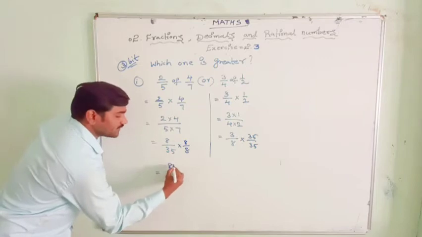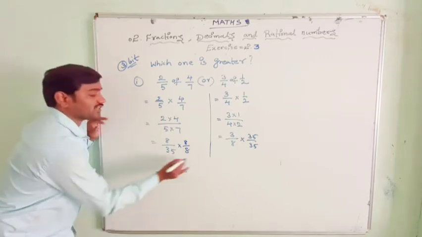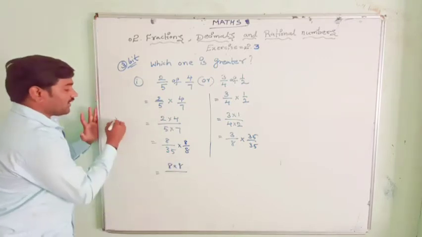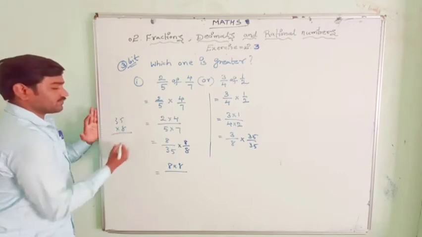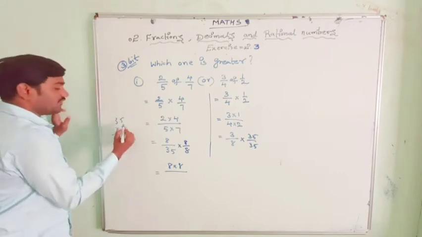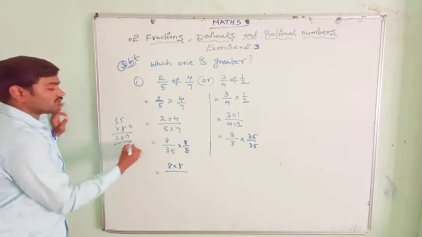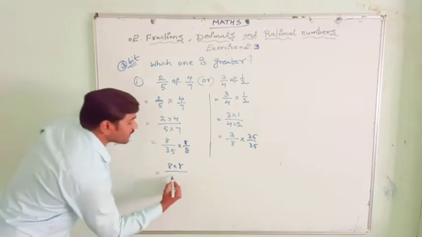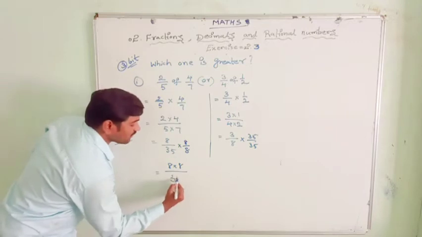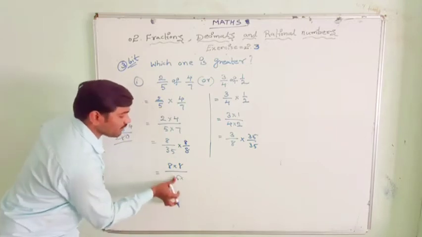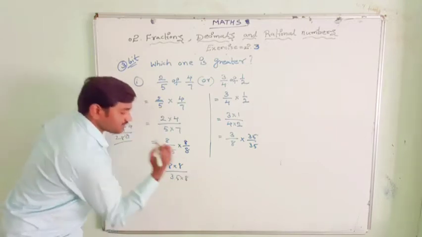Now 8 into 8, product of numerators by product of denominators. 8 into 8 is 64. 35 into 8: 8 fives are 40, write 0 carry 4, 8 threes are 24 plus 4, 28. That means 280.